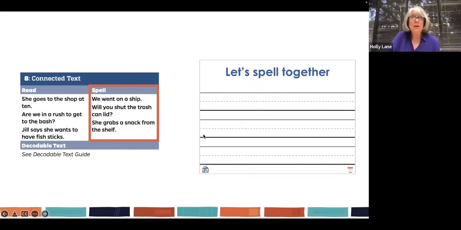You're going to take them through the sentences very much like you just did in reading, using some of the same strategies from day one. So you're going to be doing Elkonin boxes if needed, pound and sound if needed, and guiding them through the reading or the spelling of each word in the sentence.